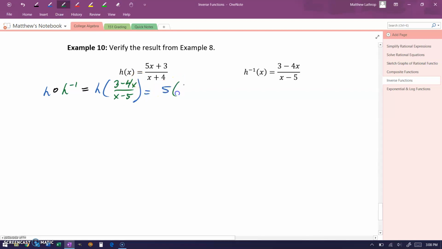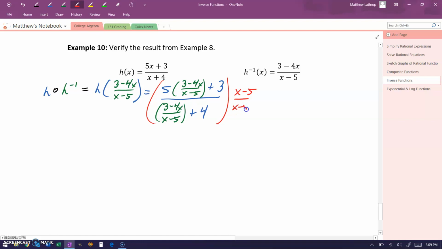This will give us 5 times that quantity, plus 3 all over that quantity plus 4. From here, we can multiply both numerator and denominator by x minus 5, which will simplify our rational expressions.